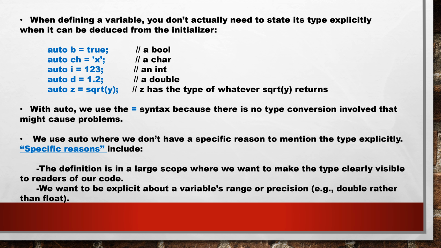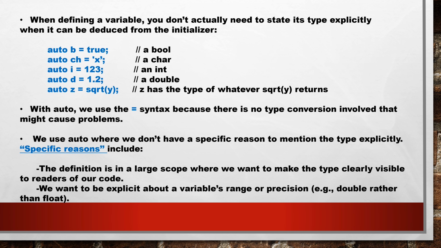auto z = sqrt(y); z has the type of whatever sqrt(y) returns. With auto, we use the = syntax because there is no type conversion involved that might cause problems. We use auto where we don't have a specific reason to mention the type explicitly.